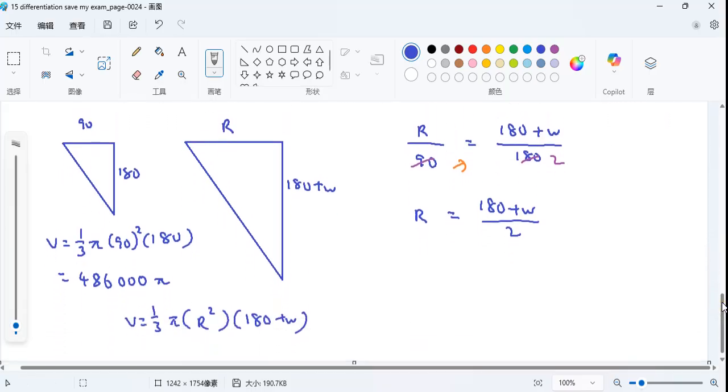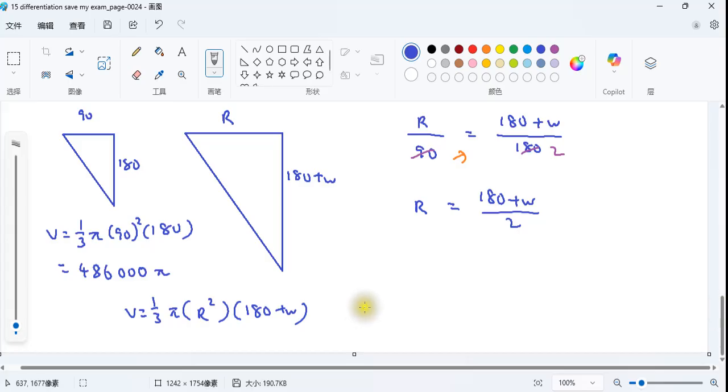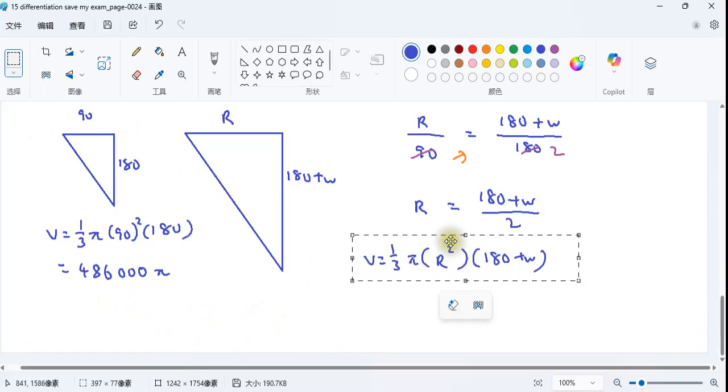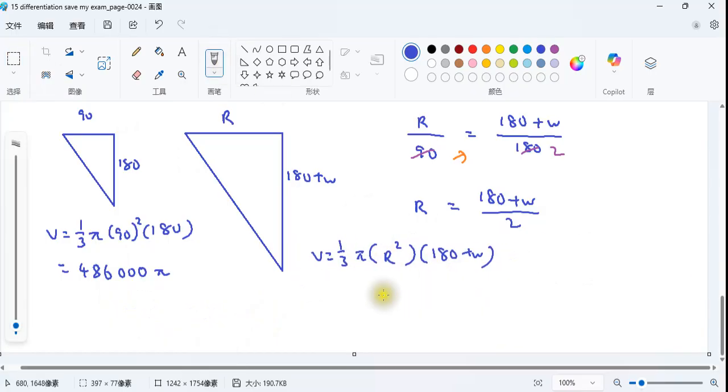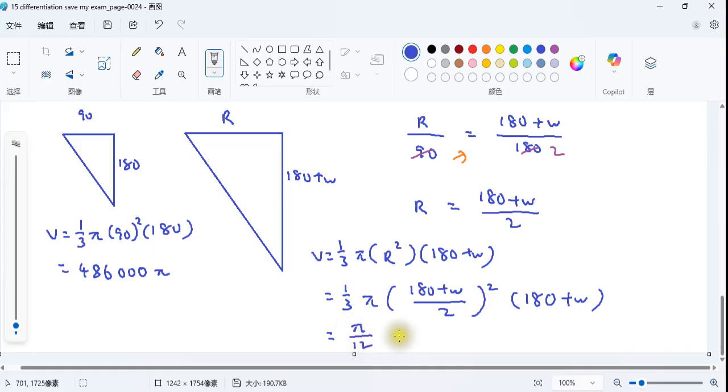This becomes 1/3 π ((180 plus w) over 2) squared times (180 plus w). Since 2 squared is 4, we have π over 12 times (180 plus w) cubed.